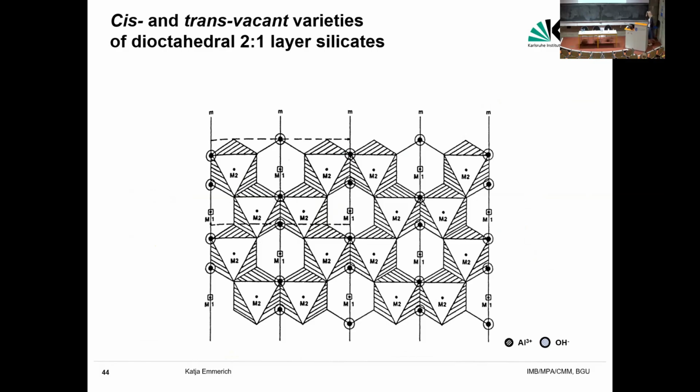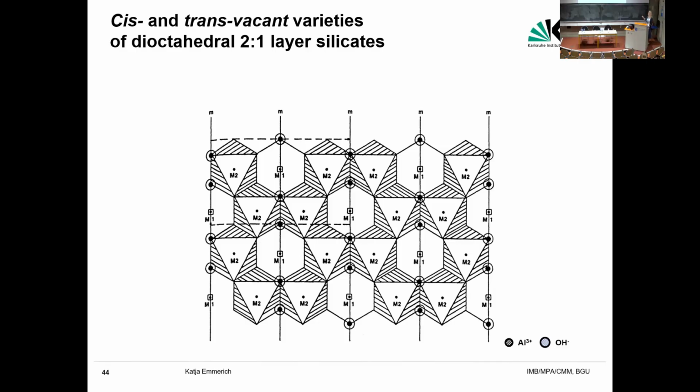And now we come to the influence of the octahedral structure. In dioctahedral 2-to-1 layer silicates, we have a so-called M1 position or trans position. Octahedral groups are at opposite corners of the octahedron. And then we have 2 so-called M2 positions or cis positions. Those 2 positions share the hydroxide groups at a common edge.